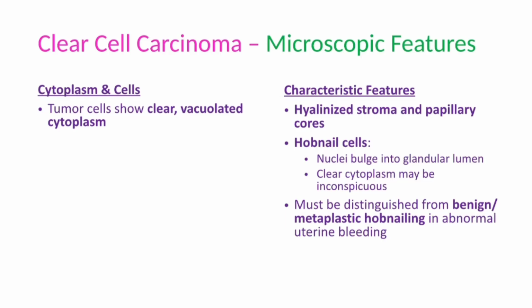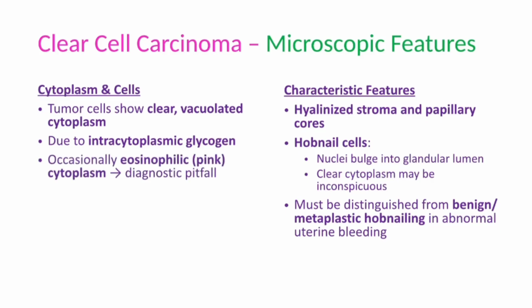Clear cytoplasm may be inconspicuous, and we have to distinguish it from benign metaplastic hobnailing in abnormal uterine bleeding, because this clear nature is due to glycogen. Normally in benign lesions also we can find this hobnailing as well as clear cytoplasm.